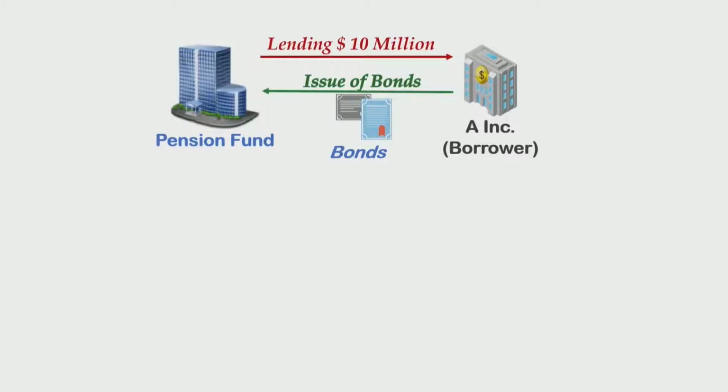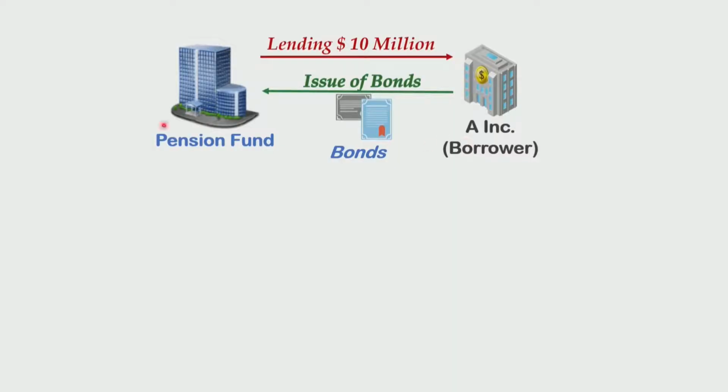Now we have a clear equation existing between the lender and the borrower, and it is the lender, that is the pension fund, which is at risk of default if any default arises from the side of the borrower. That is the question on the creditworthiness of the borrower.